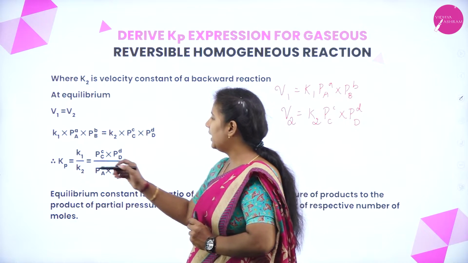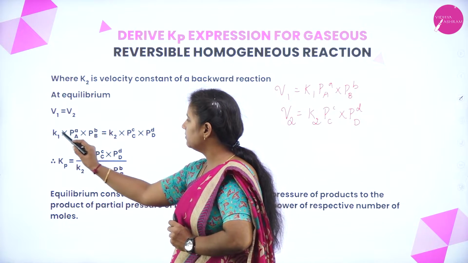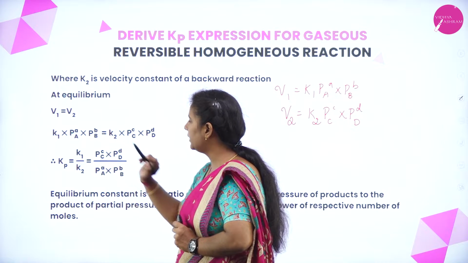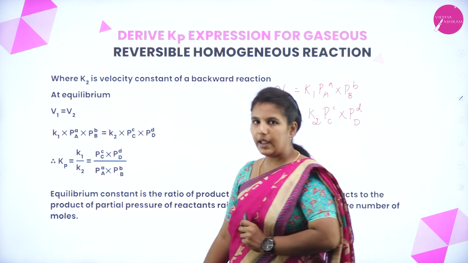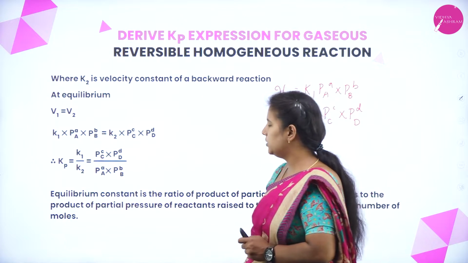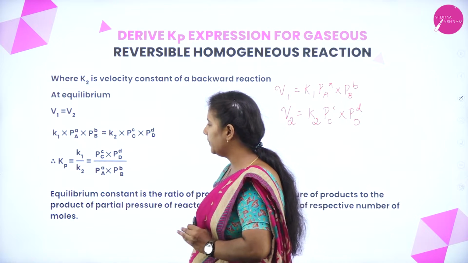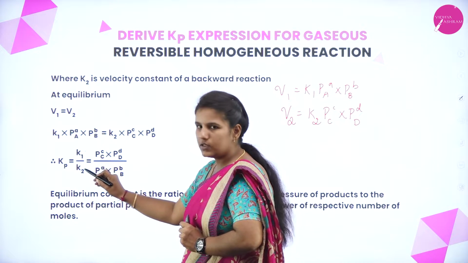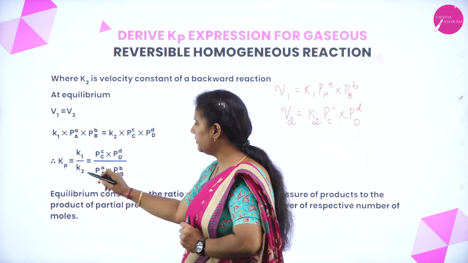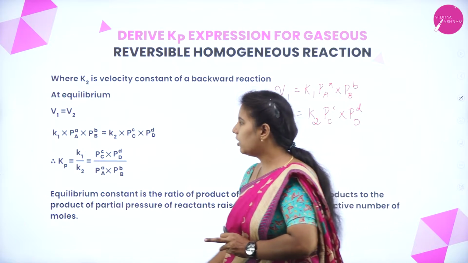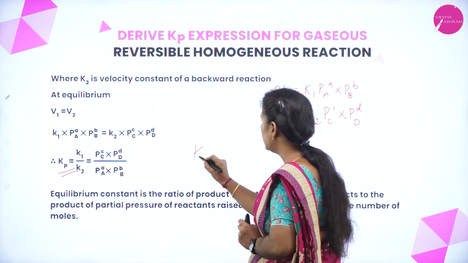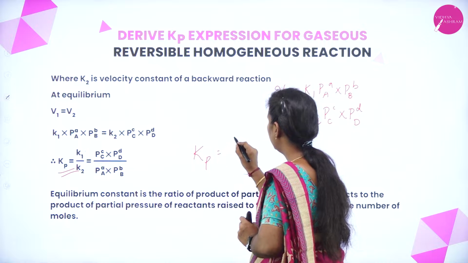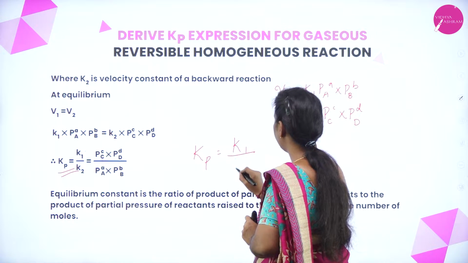Now I rearrange this equation as K1 divided by K2 is equal to Pc^c into Pd^d divided by Pa^a into Pb^b. The velocity constant ratio K1 divided by K2, I call Kp. So Kp is equal to K1 divided by K2.